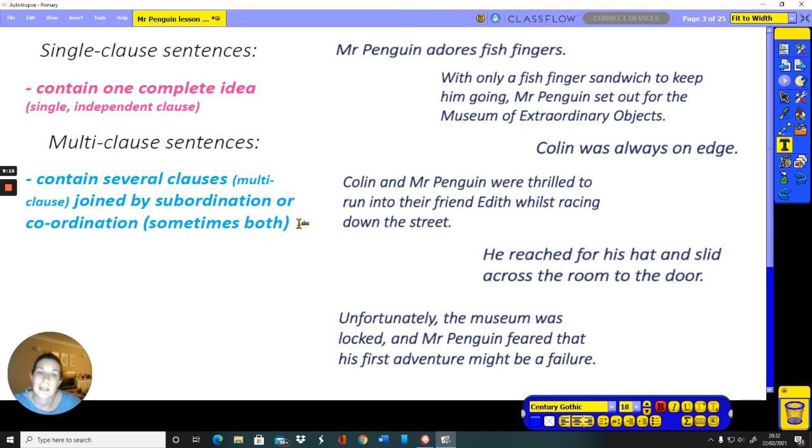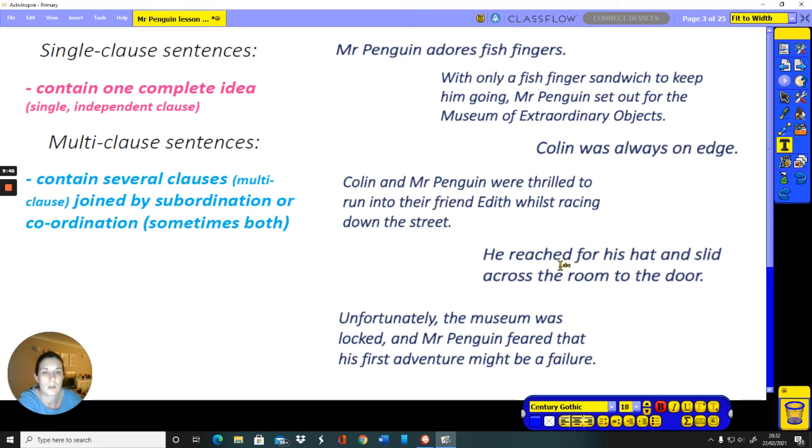That's correct, it is in fact a multi-clause. Colin and Mr. Penguin were thrilled to run into their friend Edith. That would work well on its own, but we've got that bit more information here, whilst racing down the street. So that's another clause. In fact, it's a subordinating clause. It starts with a whilst.